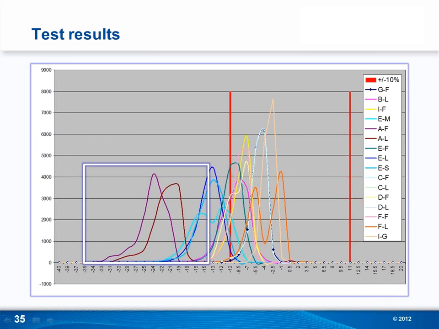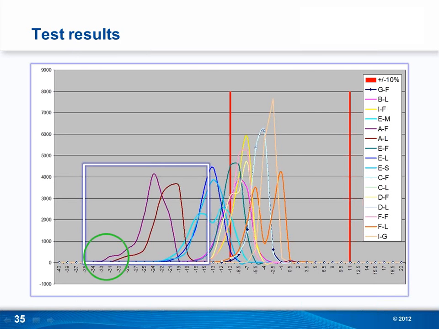So when you look at that group, those two that are outside the spec band, and look at the leftmost leg of those graphs, you see that the apertures are 30% or more smaller than they're supposed to be. Most of the apertures are only 20 or 25% too small, but those ones that are really 30% too small are going to cause problems.